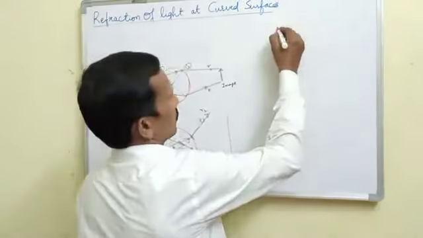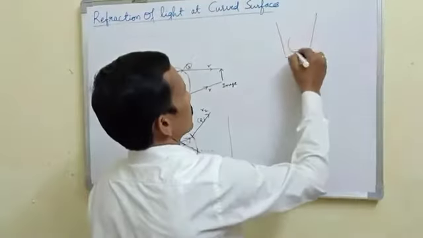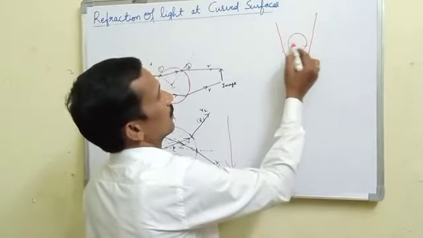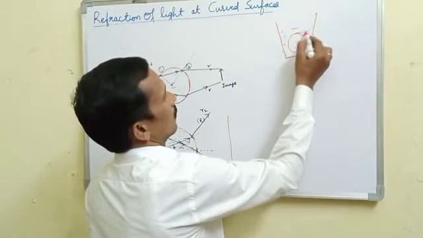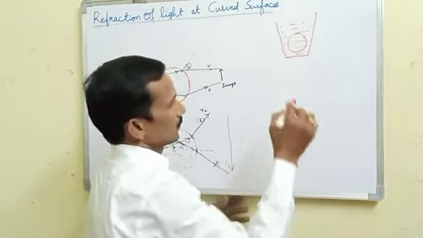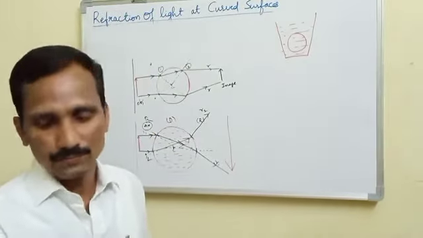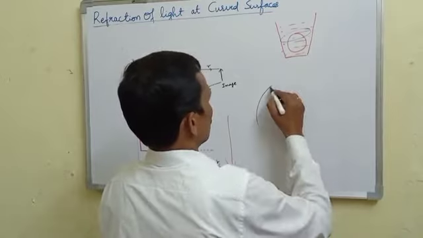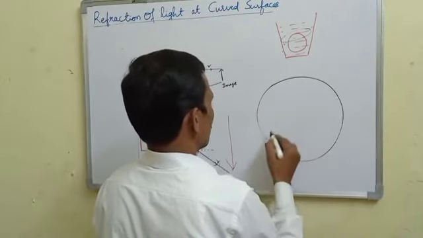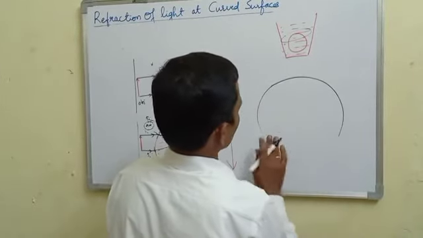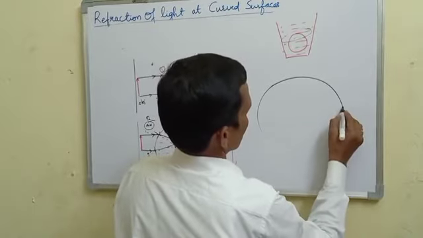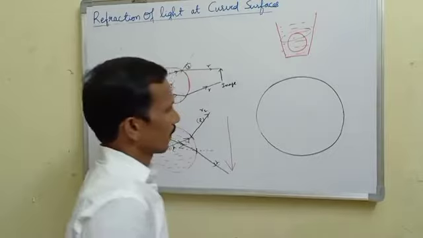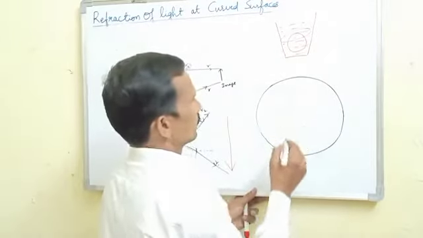The lemon in the glass appears big when it is poured with water. Why does it appear so? Let us see. If you observe, this is the center of the sphere.